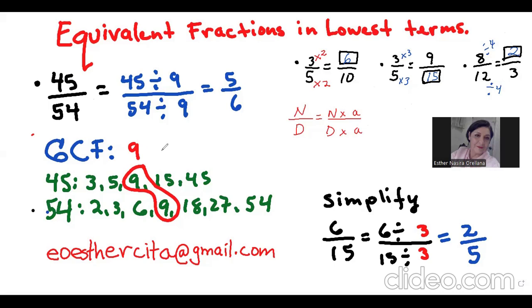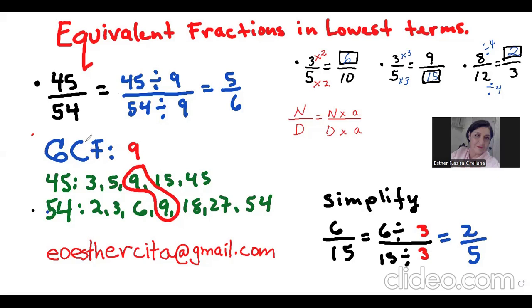And the easiest way to find it is not doing that by parts, but using the greatest common factor, the greatest number that is a factor of both numerator and denominator.